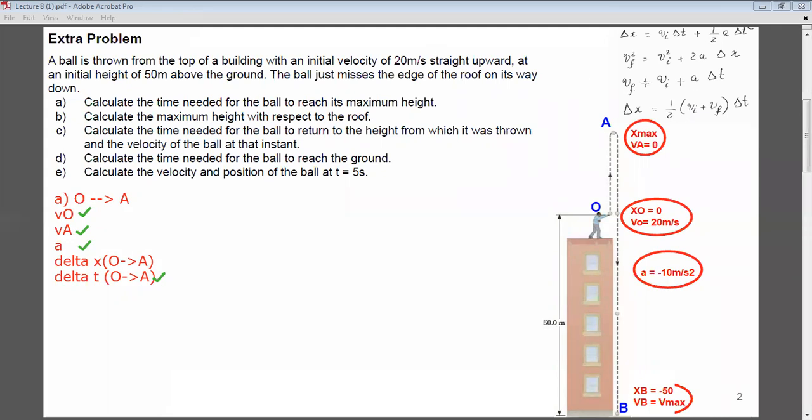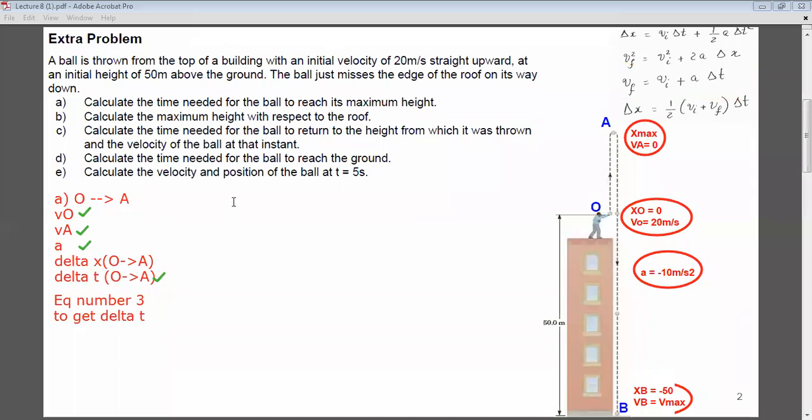It's equation number 3. So I will use equation number 3 to get delta T from O to A.